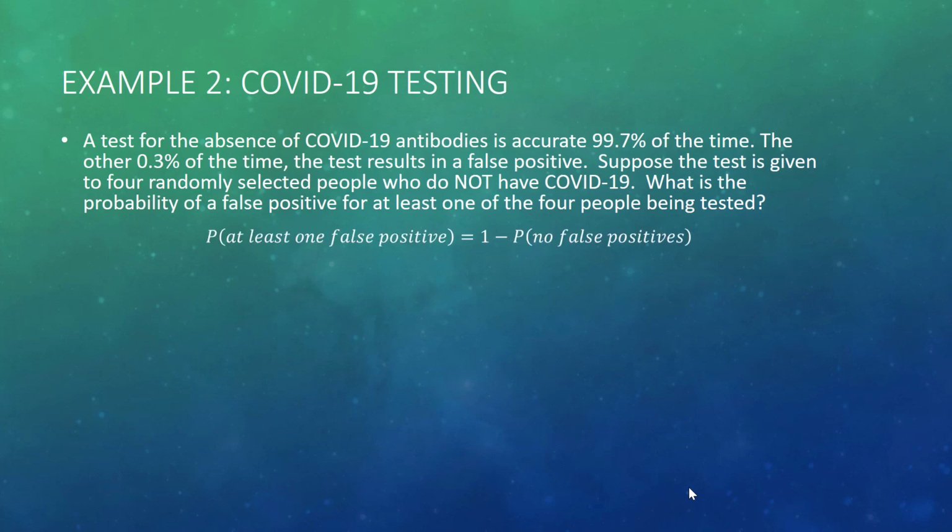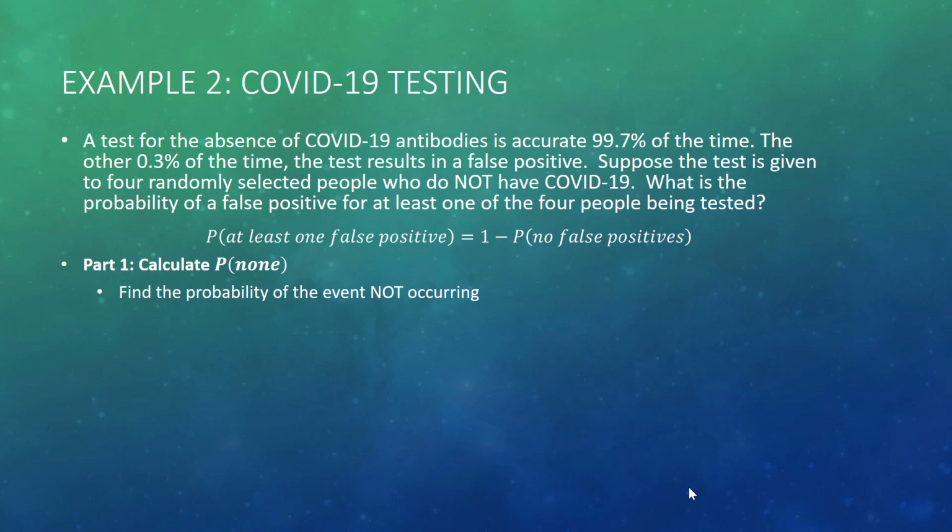The first thing I do is I write down the probability for at least one. In this case, you can see that I've put it into the context of the problem. So the probability of at least one false positive is equal to 1 minus the probability that none of the tests were false positives. So I have to start with calculating the probability of none.